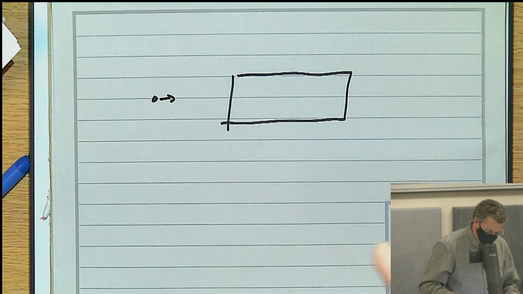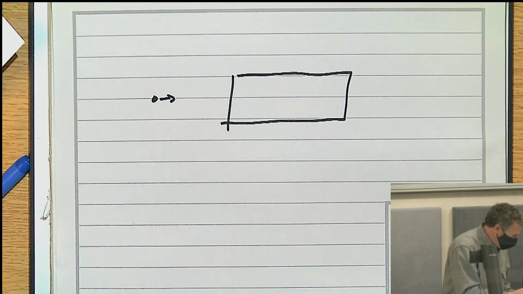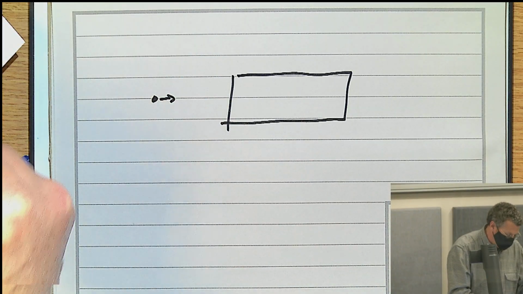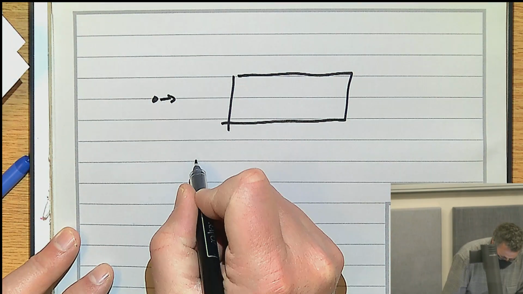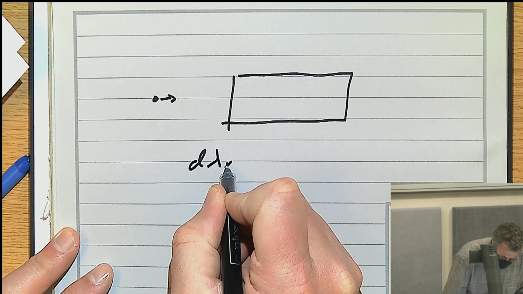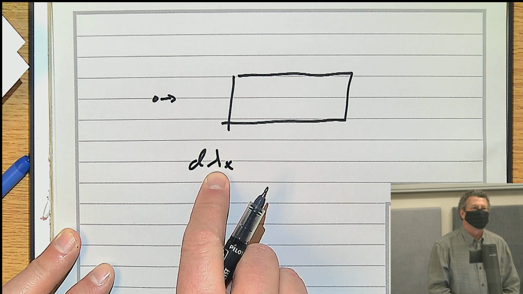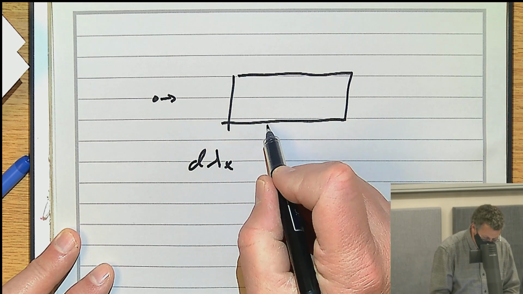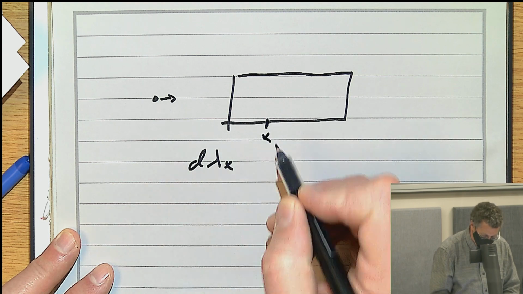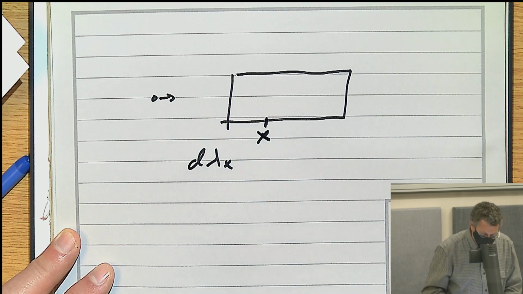Okay, so the point is this. If you look at the equation, it goes like this. The probability of scattering, so d lambda x, where lambda x is the number of photons that make it to a certain position, x, okay? I'm using x a lot here.